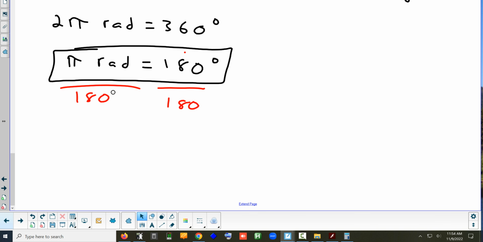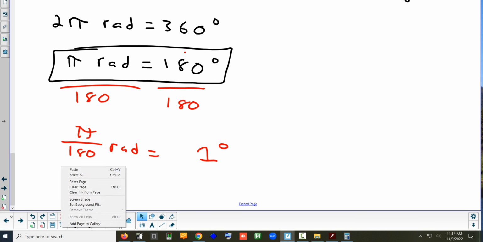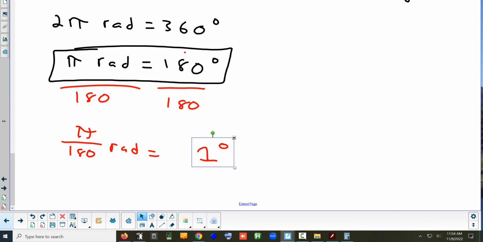Not 180 degrees, just 180. So now it says pi over 180 radians equals 1 degree. So if I wanted to know what that is as a decimal, I could do the pi button on my calculator, divide by 180, and that would be 1 degree.